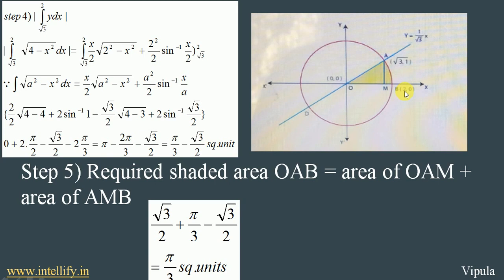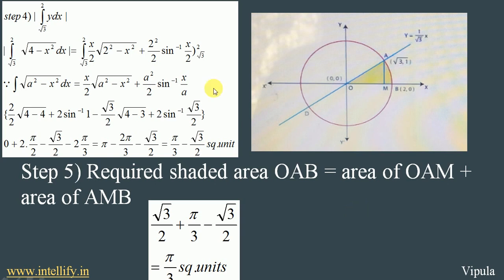So now we'll integrate from root 3 to 2 and put the value of y as under root 4 minus x squared dx, which equals x by 2 under root 2 to the power 2 minus x square plus 2 to the power 2 by 2 sin inverse x by 2, from root 3 to 2.